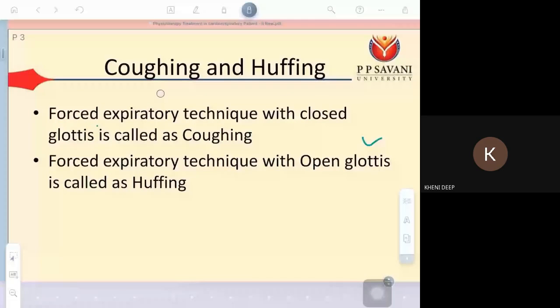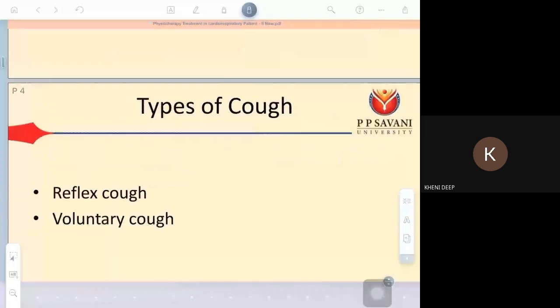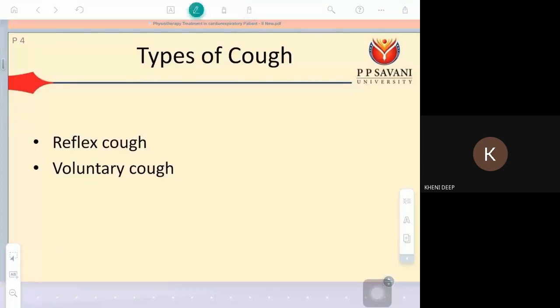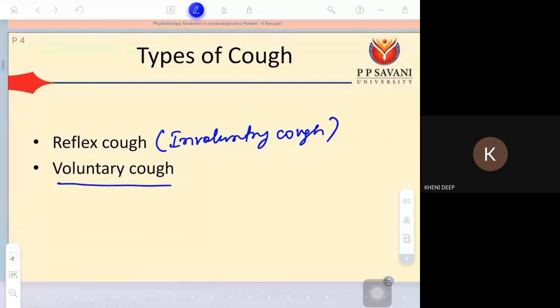So types of cough. We will study the types. There are two types: reflex cough and voluntary cough. From the name itself, you can understand that reflex cough means involuntary cough. Opposite to voluntary is involuntary.